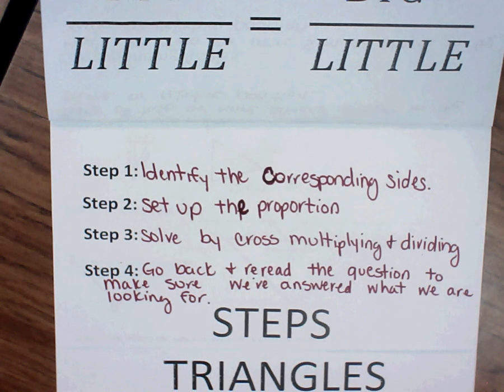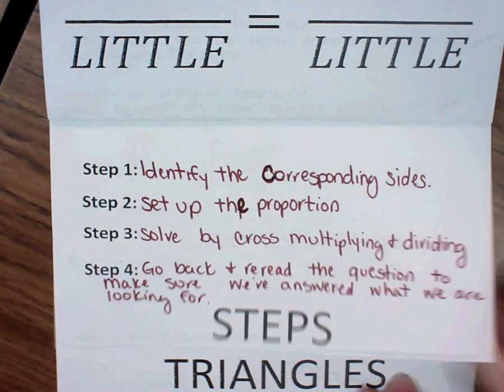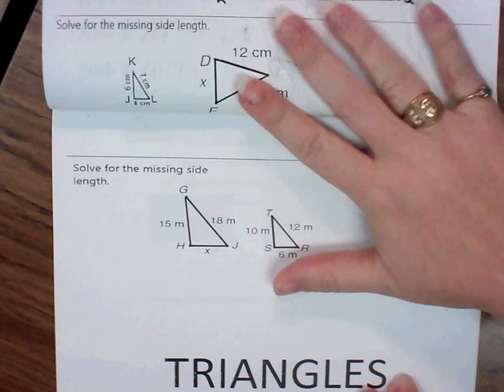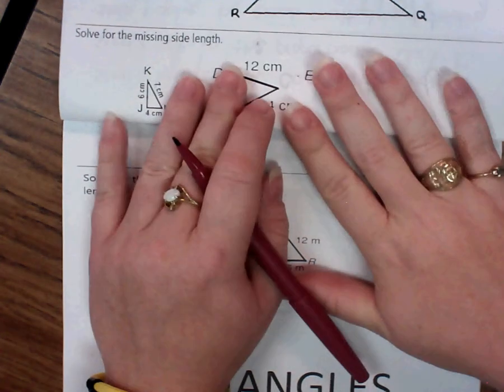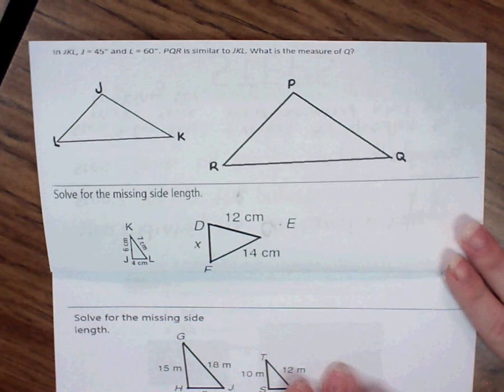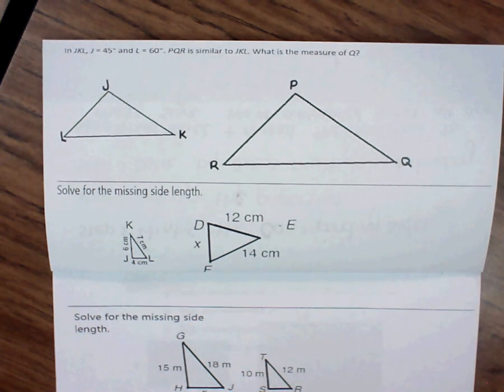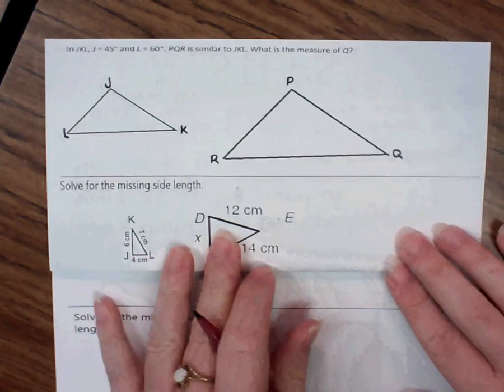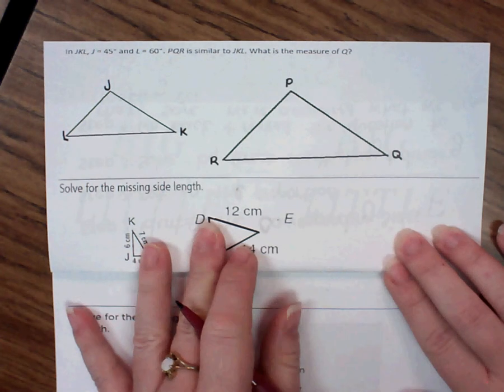Okay. All right, now let's actually get to solving. So if we're looking at triangles, the first one says, in triangle JKL, J is 45 degrees and L is 60 degrees.